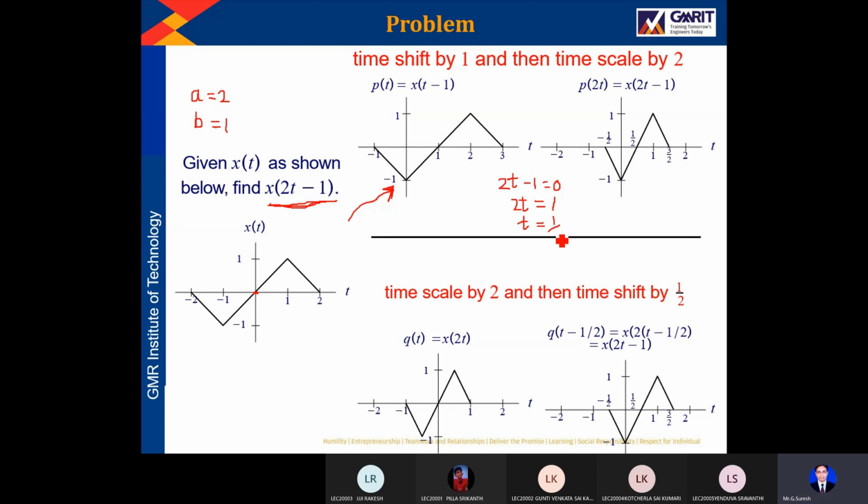So what is the signal you have at t equal to 0 here?